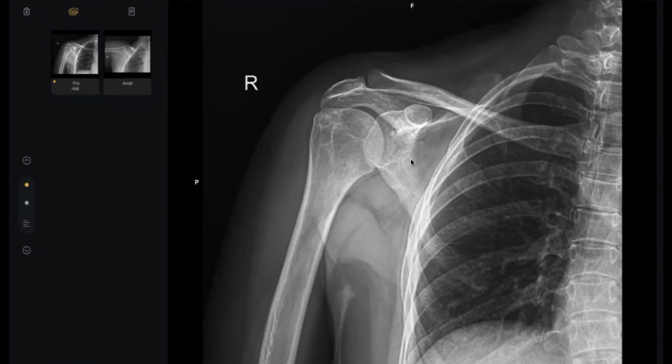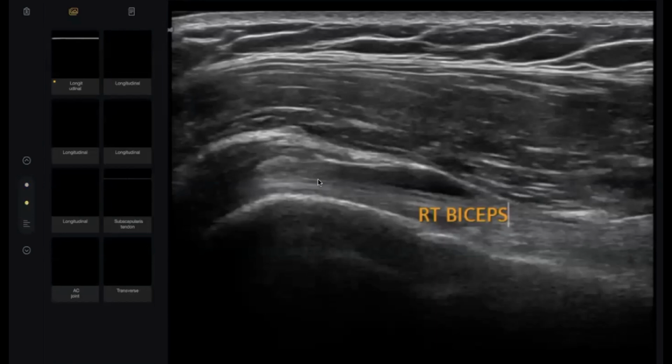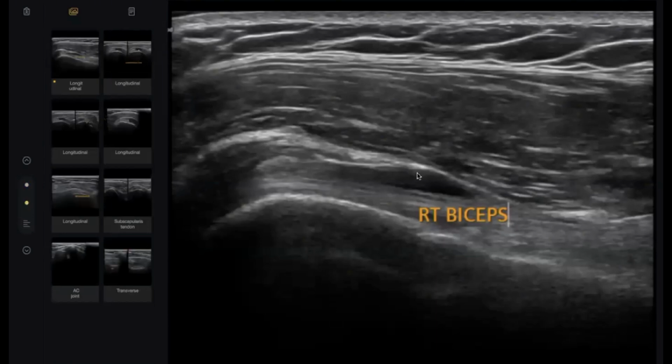MRI. Before MRI, ultrasound of the shoulder. By the way, my colleague, for the last 5 years the first line of investigation in MSK trauma, especially muscle, is ultrasound, not MRI. Why?